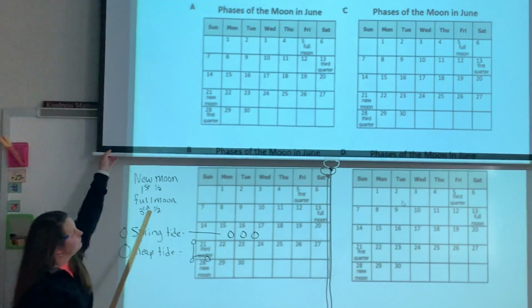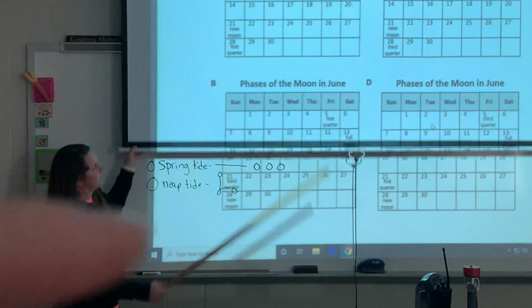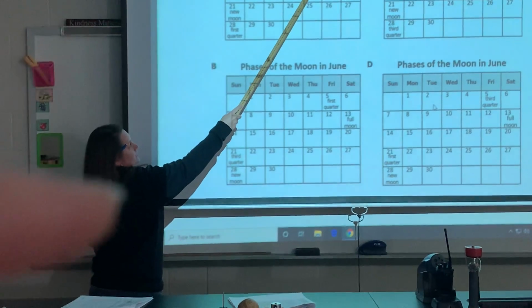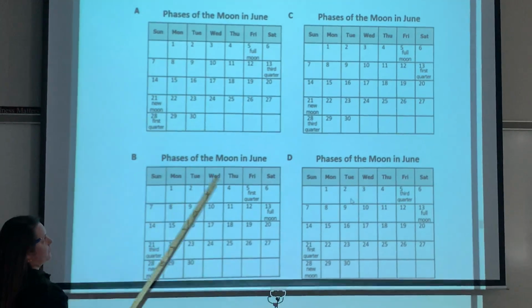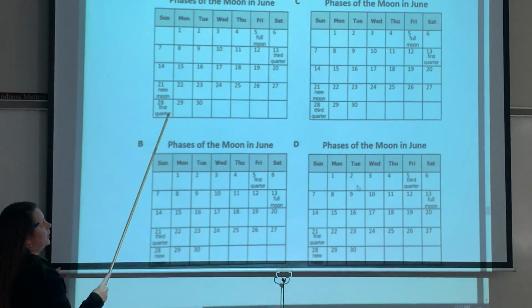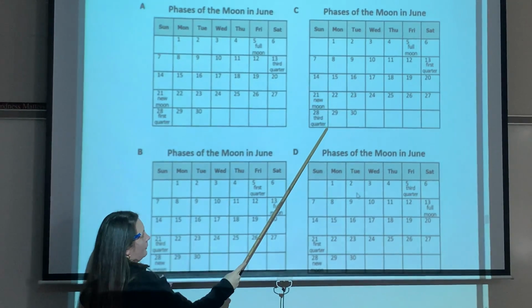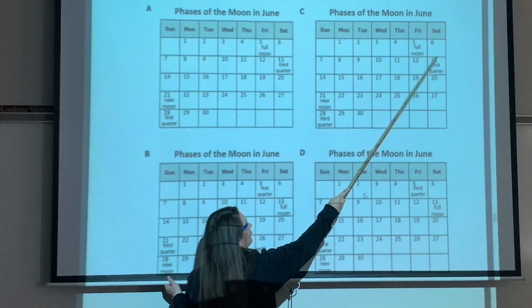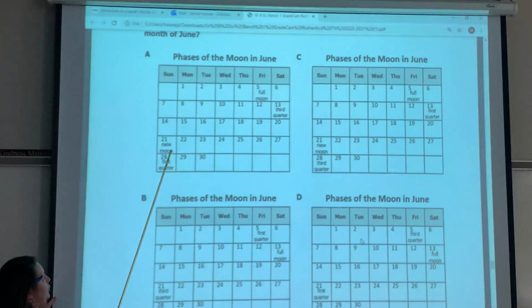Third. So they have to stay in that order and then repeat. After third should be new, then first, then full. So no matter where we start, they stay in the same order. See? Here we have new, first, full, third. Not new, third. Full, third always comes after full.